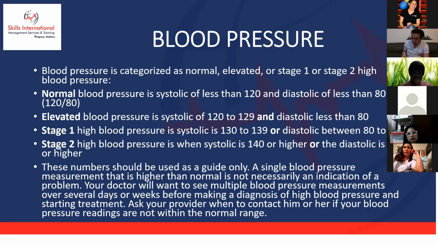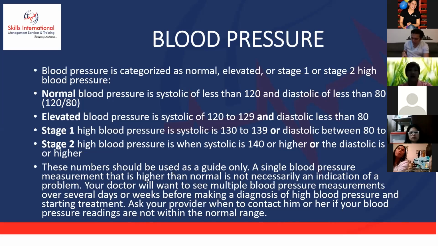Elevated blood pressure is a systolic of 120 to 129 and a diastolic of less than 80. Stage 1 high blood pressure is a systolic of 130 to 139 or a diastolic of 80 to 89. Stage 2 high blood pressure is when the systolic is 140 or higher, or the diastolic is 90 or higher.